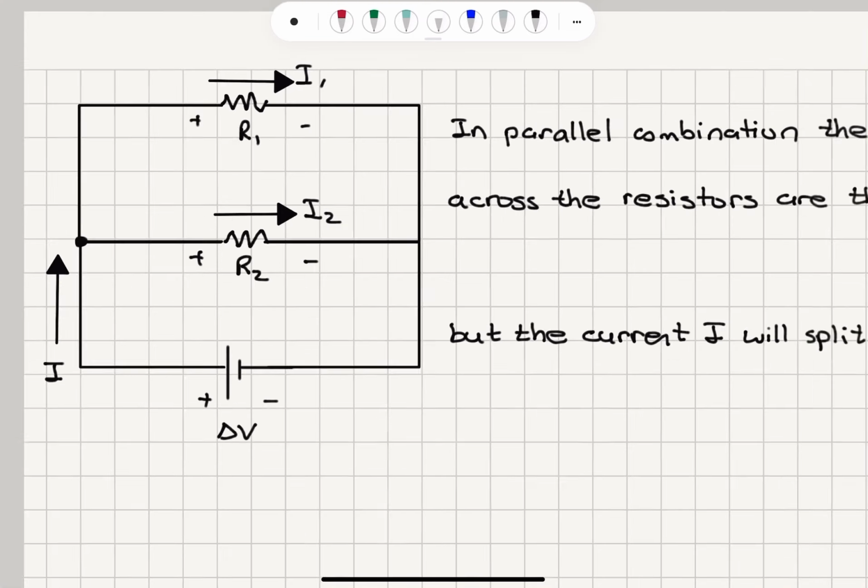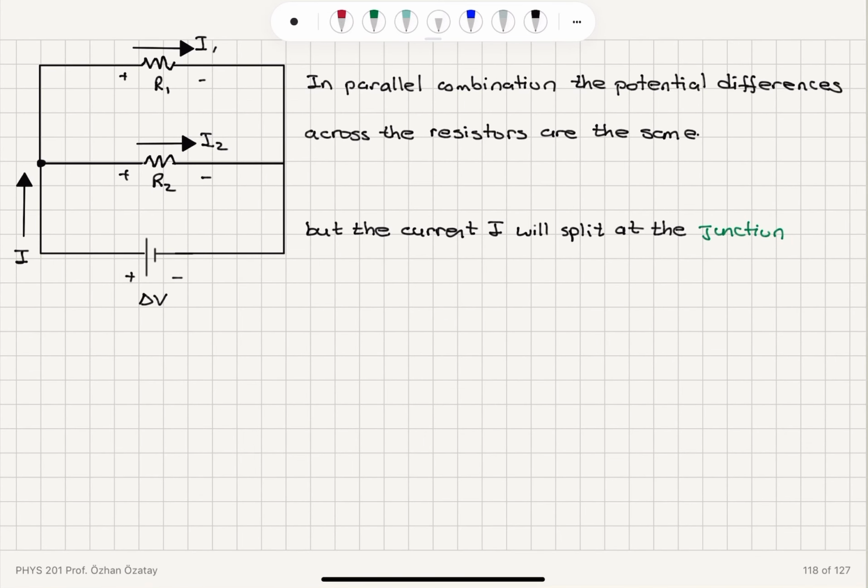So I have the requirement that the potential differences should be the same because these are metals that are connecting these two points. So delta V1, the potential difference across the terminals of R1, must be equal to delta V2, that of R2, and delta V, the voltage applied by the battery.